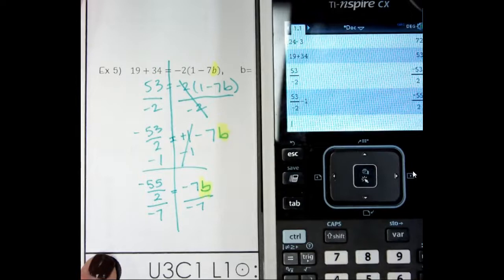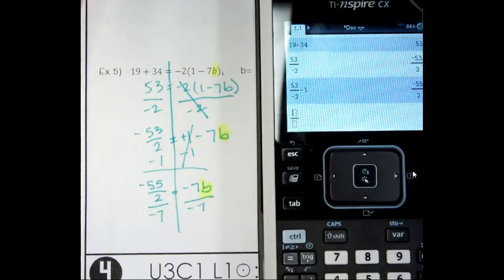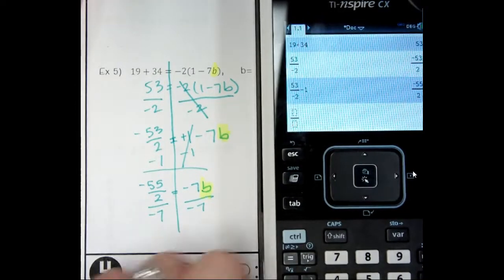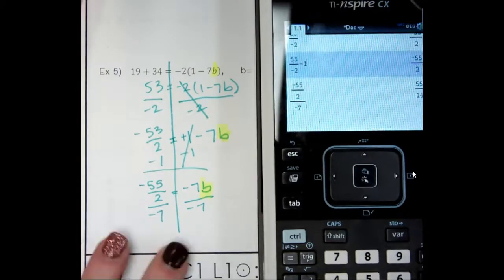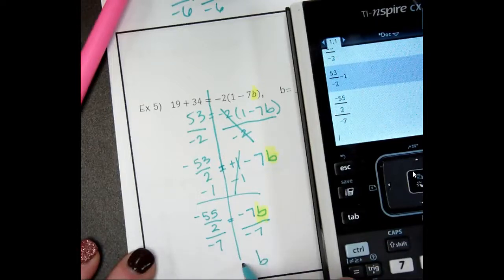We're going to take control divide to get our fraction. Negative 55 over 2. Arrow over till our blinky line's real big. Divide by negative 7. Okay, enter. 55 over 14. So b equals 55 over 14.